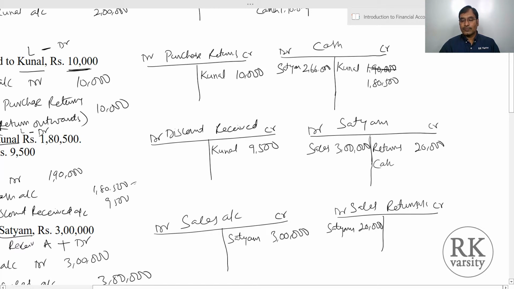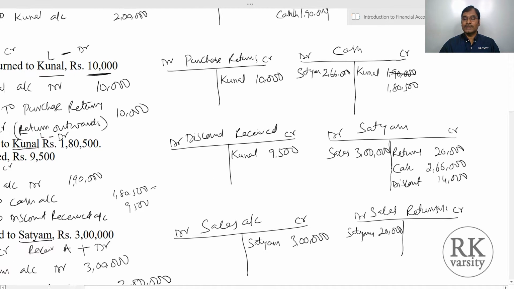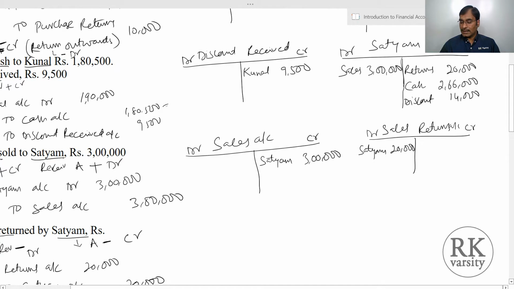So by cash 2,66,000. And he received a discount 14,000. Now we'll create another account for discount allowed.